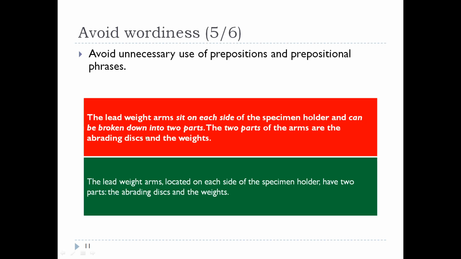And instead of "can be broken down into two parts," you can simply say "have two parts." Again, the two parts is being repeated more than it should be, so you can specify a list with the names of the two parts. In the corrected version: the lead weight arms located on each side of the specimen holder have two parts.